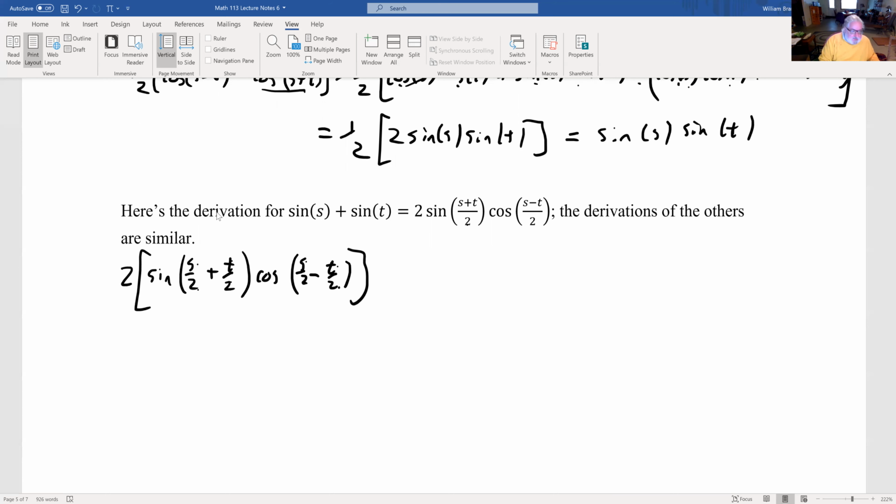Okay, so sine of two functions added together is, so we have a 2 and then we have our square bracket.